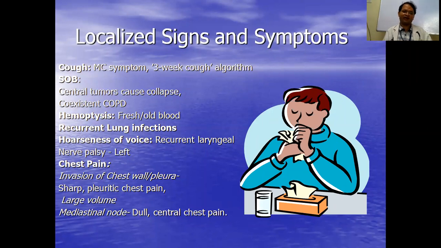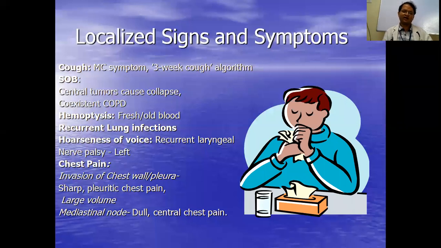Recurrent lung infections might be present, and hoarseness of voice is a feature when the tumor, which is positioned in the mediastinum, is pressing upon the recurrent laryngeal nerve. The recurrent laryngeal nerve is longer on the left side. So when the tumor is pressing on the recurrent laryngeal nerve of the left side, that leads to hoarseness of voice.